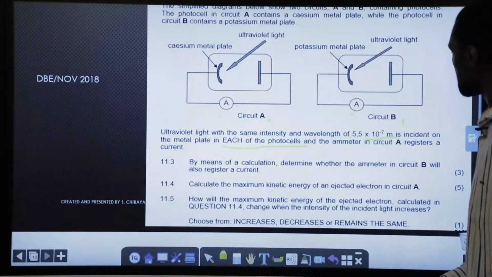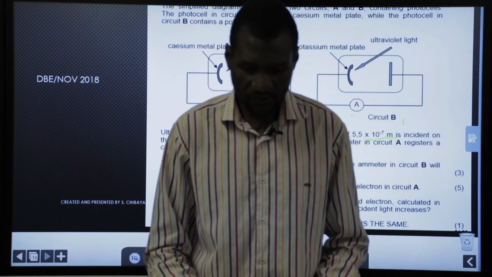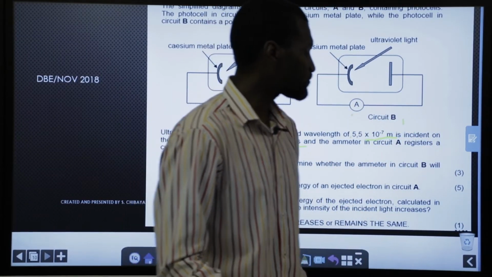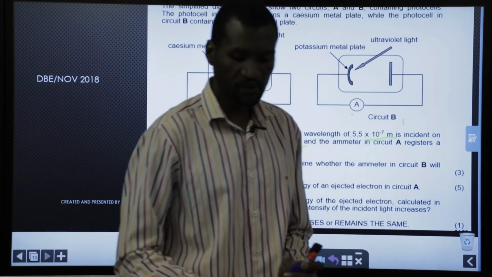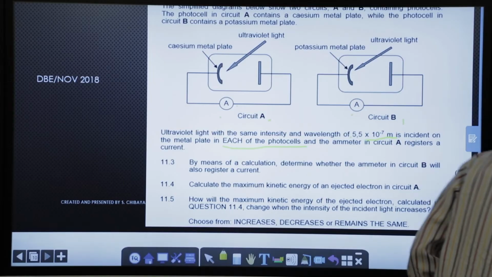Our calculations will show us that the frequency of the UV is 5,45 multiplied by 10 to the power of 14 hertz.